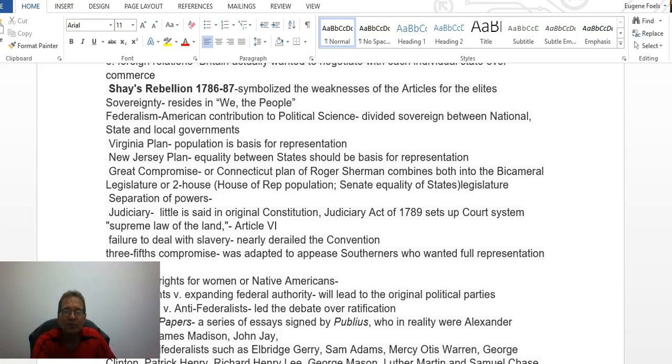Separation of powers is mentioned in the Federalist Papers, explaining, especially in number 51, how this is going to operate in theory. Article 3 is about the judiciary, and very little is said in the original Constitution. And the Judiciary Act of 1789 will try to address some of those unknown things.